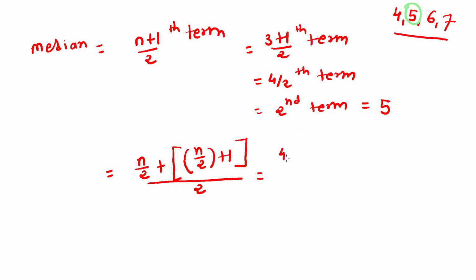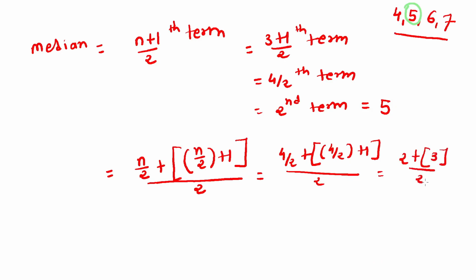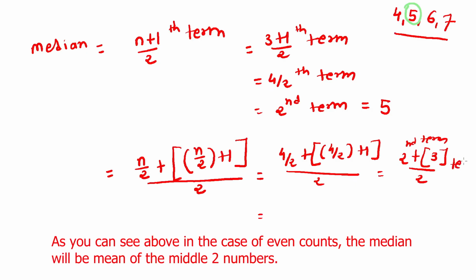So 4 divided by 2, and 4 divided by 2 plus 1, which is the 2nd term and the 3rd term. So it will be 5 plus 6 divided by 2, which is 11 by 2, or 5.5. So my median will be 5.5.